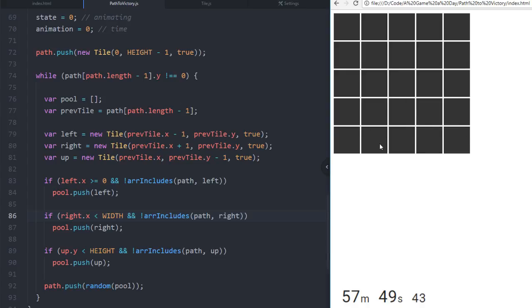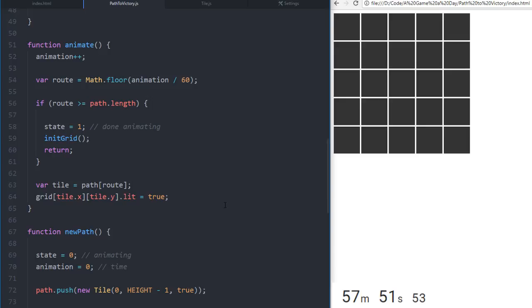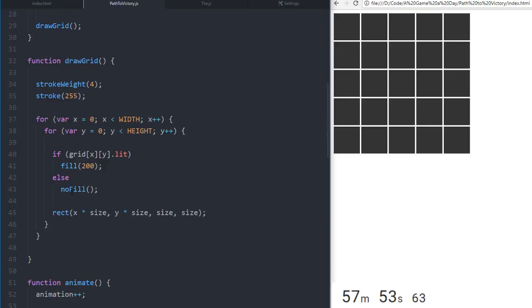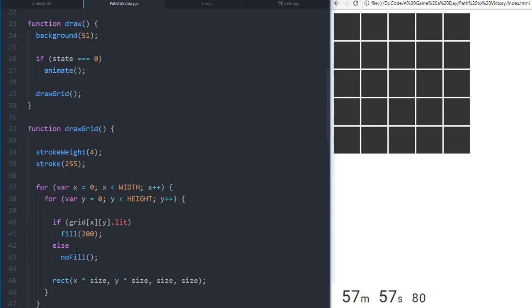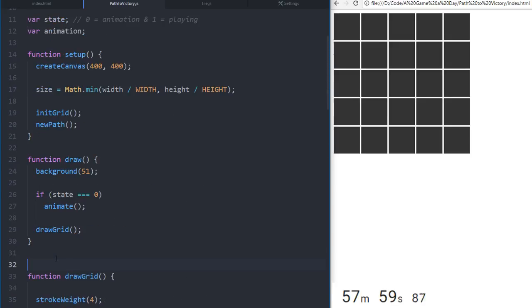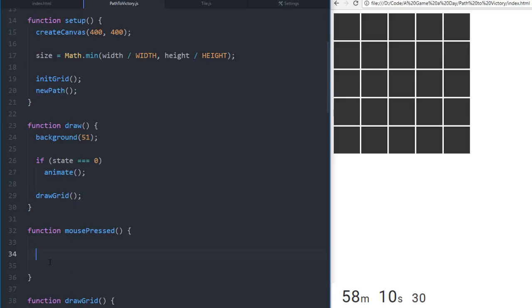So now that we have this, we need an OnClick function, mouse pressed. I always mess this up. If state equals 1, only if state equals 1, or let's just say return.